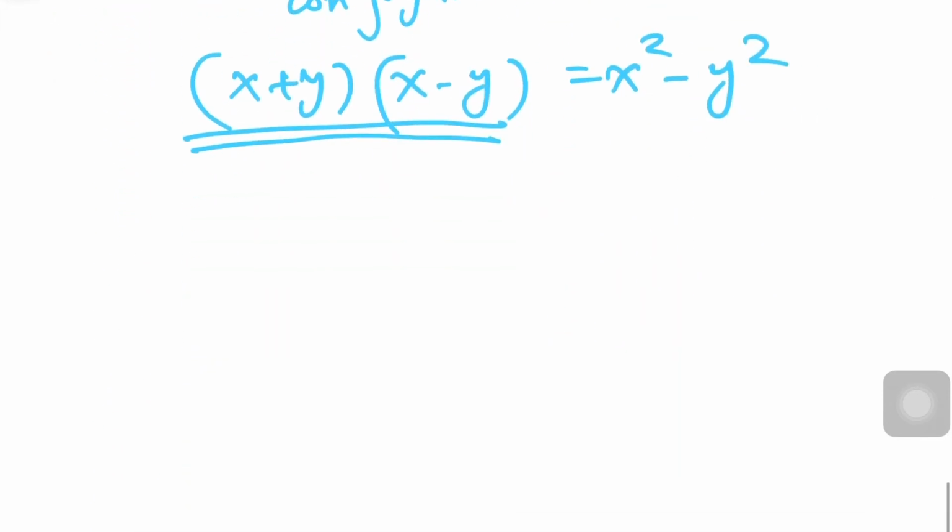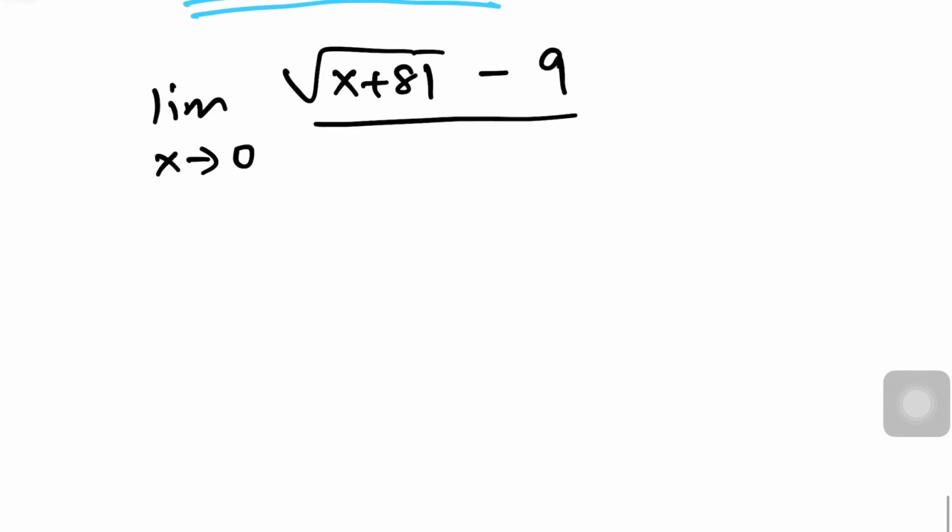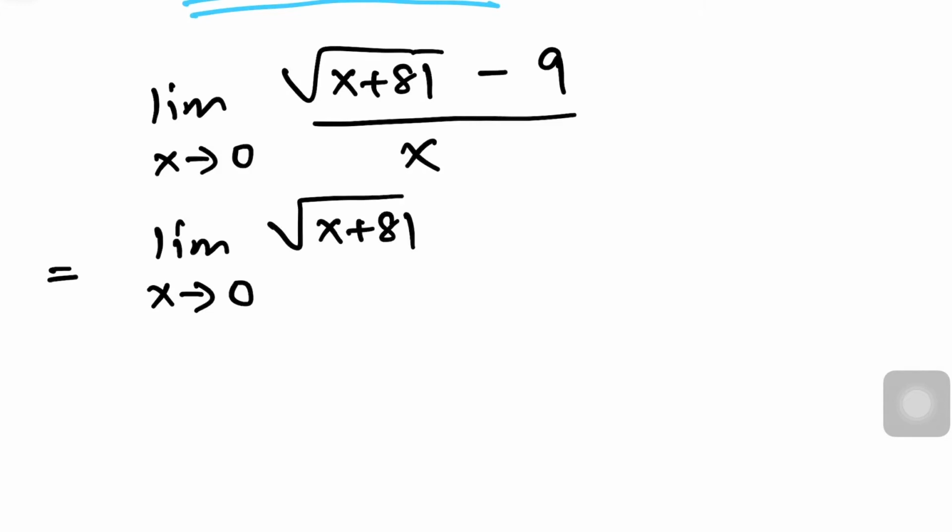Okay, all right, let me write it one more time. Limit as x approaches 0, square root of x plus 81 minus 9, divided by x. So whenever you have a problem like this, square root of something, then plus or minus something, you should always think of multiplying by the conjugate, okay?